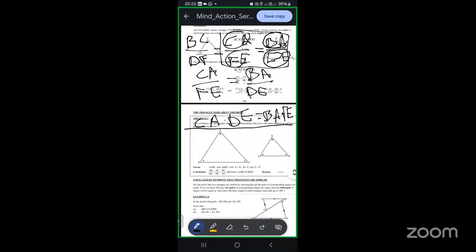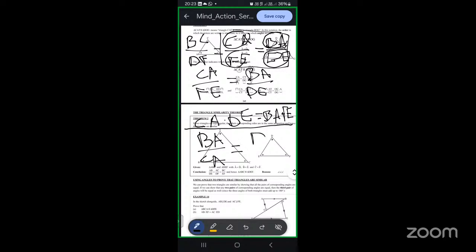You are saying BA over CA, yes, equal to DE over FE.